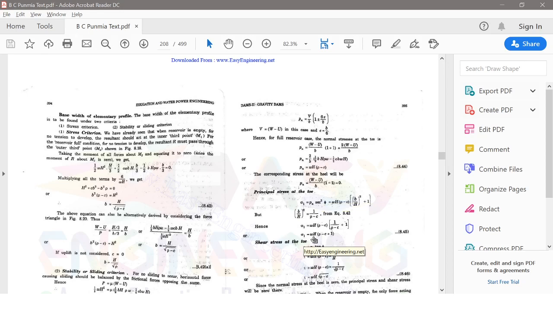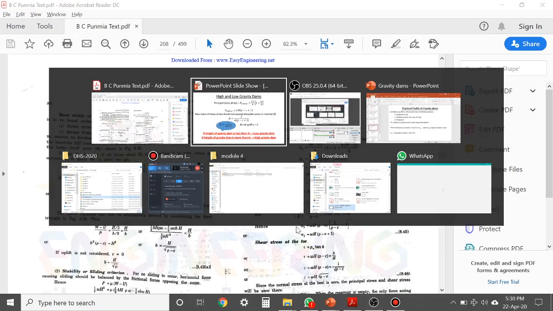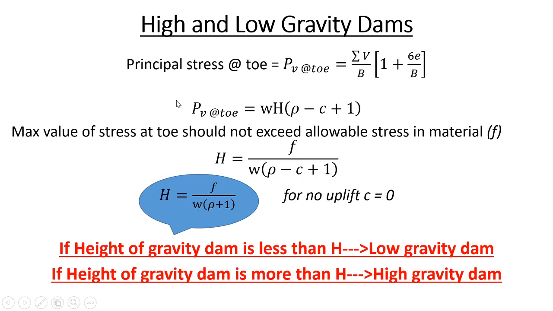Principal stress equal to WH into rho minus C plus 1. This equation was explained there. Actually, there is no need for any derivation here. You just need to understand this equation.